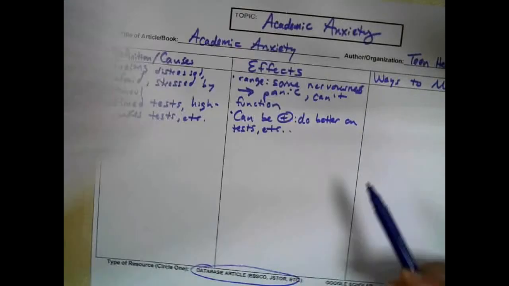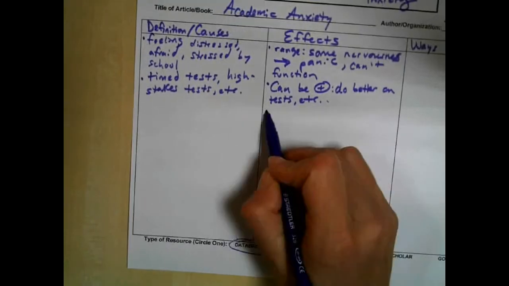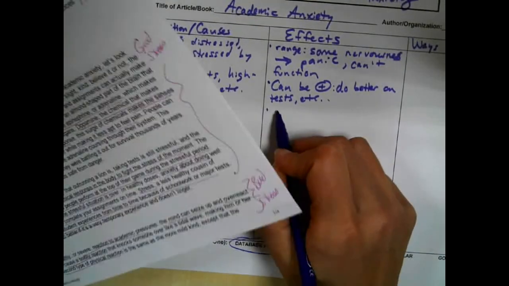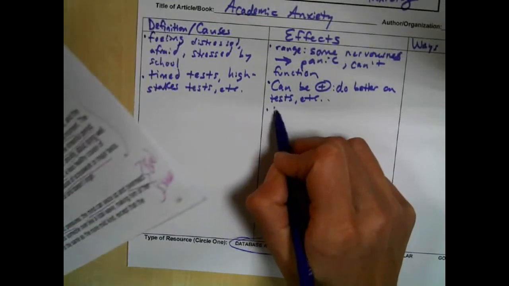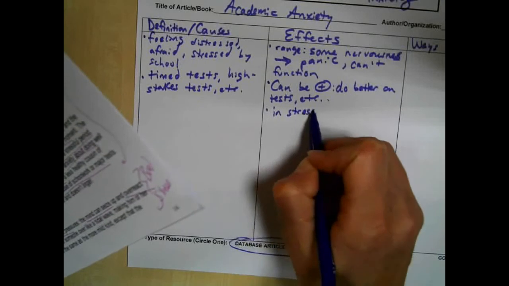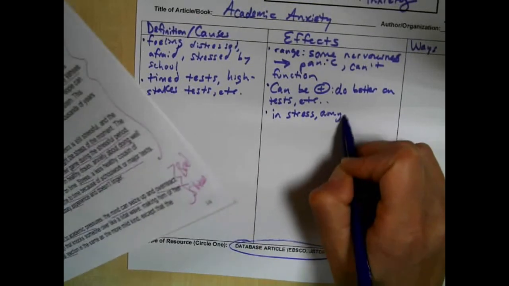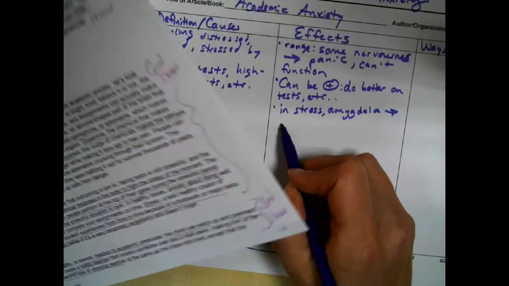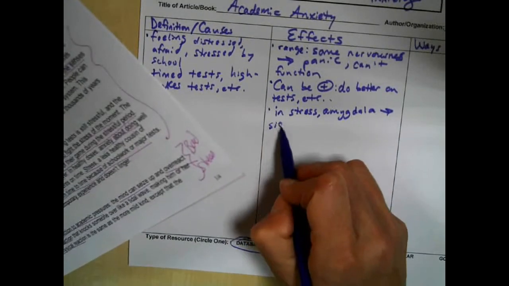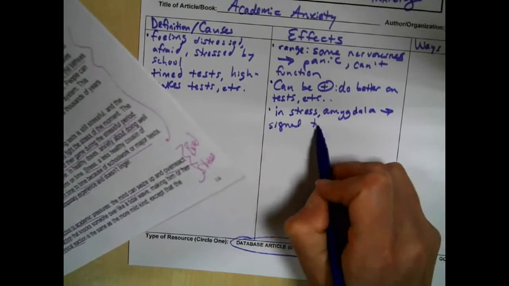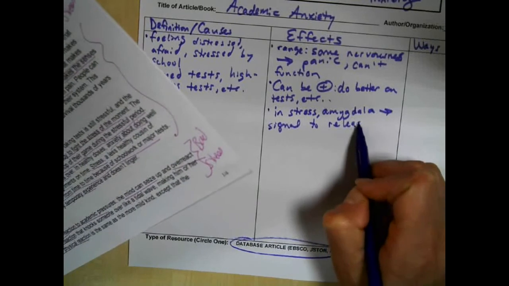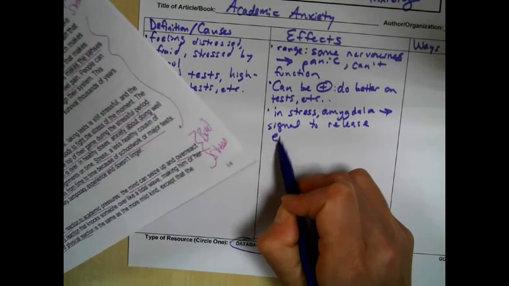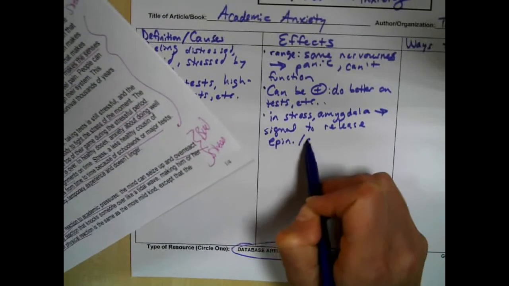So how would I say that in a nutshell? Again, I'll say in stress, amygdala sends signal to release epinephrine or adrenaline.